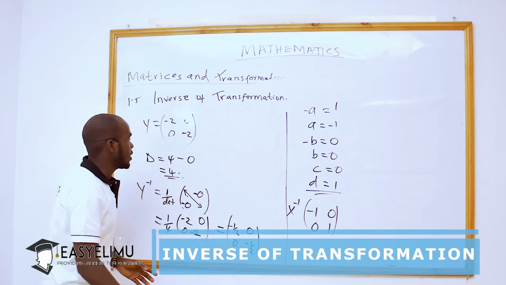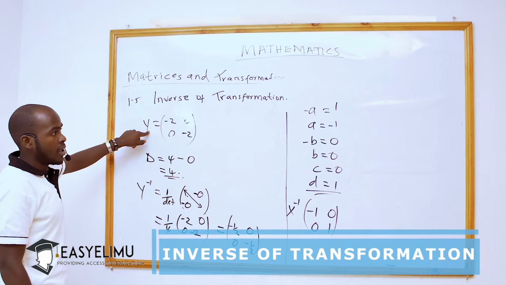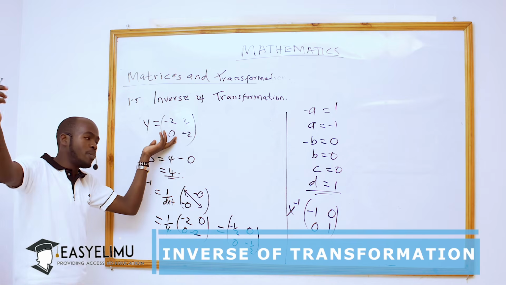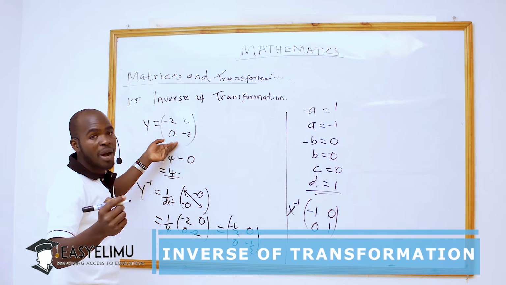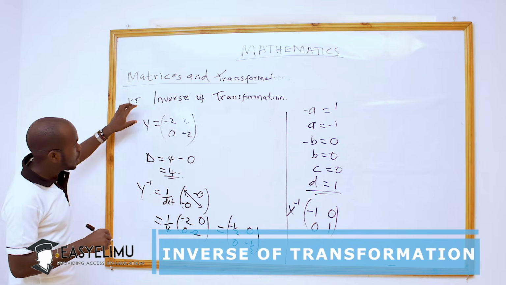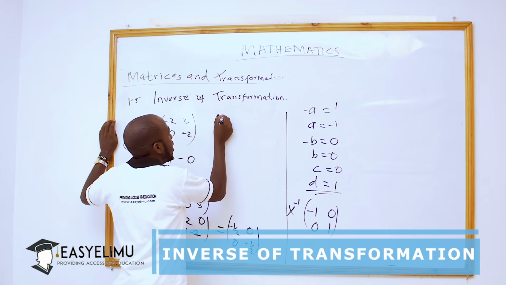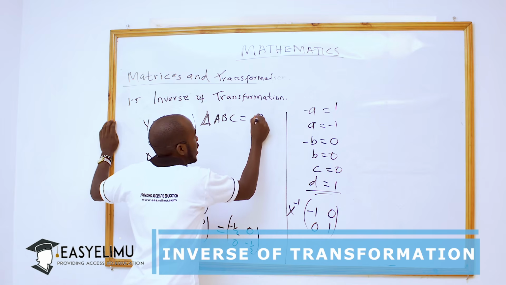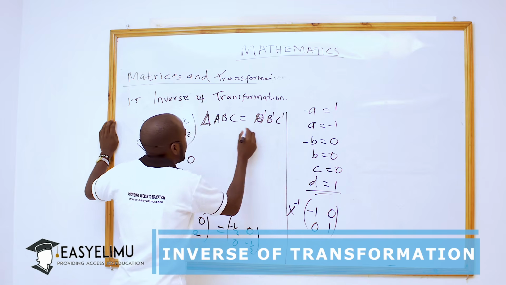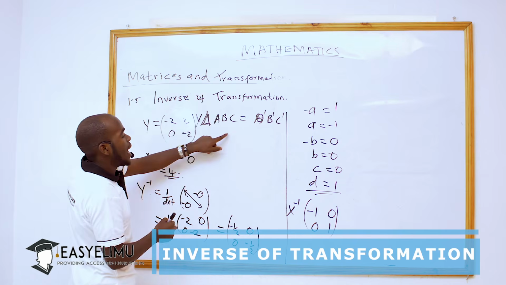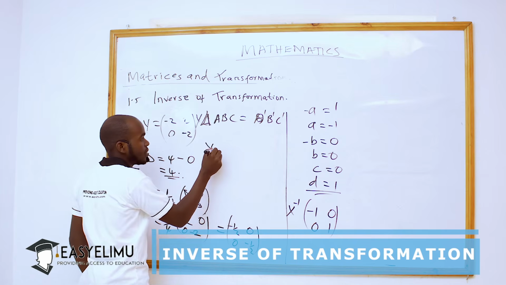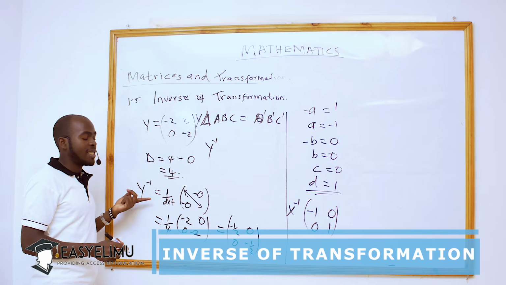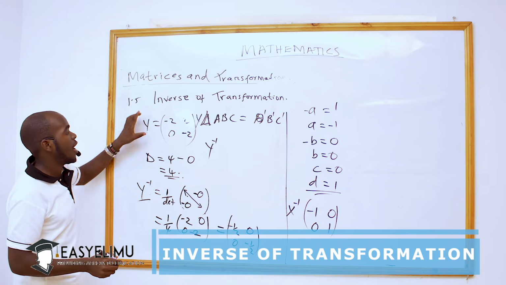So we have seen, in case you have a transformation y, and any object being transformed using this one, the image can be mapped back to its original. For example, if it is triangle ABC, it can be brought back from A prime, B prime, C prime under y by taking y raised to negative 1, which is just the inverse of y, our transformation.